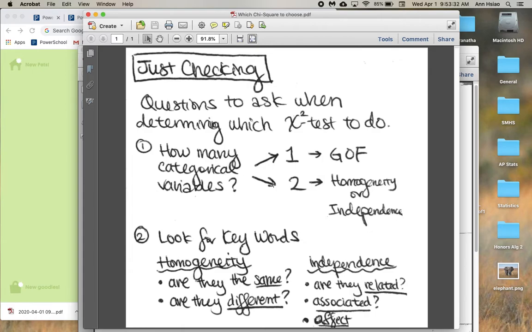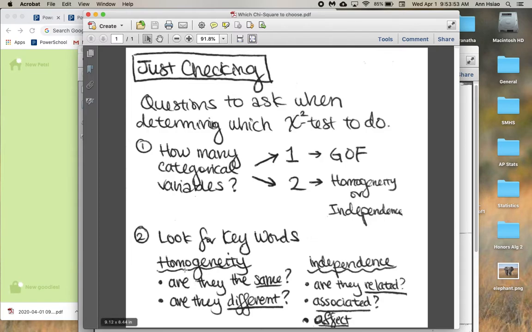All right, now if the answer is 2, then it's either going to be homogeneity or independence. Now, to determine whether it's homogeneity or independence, you want to look for keywords.